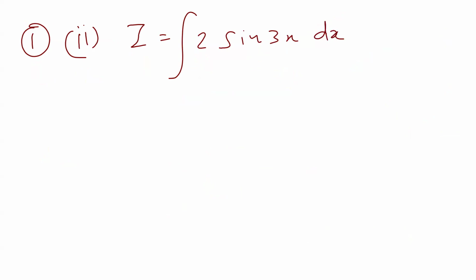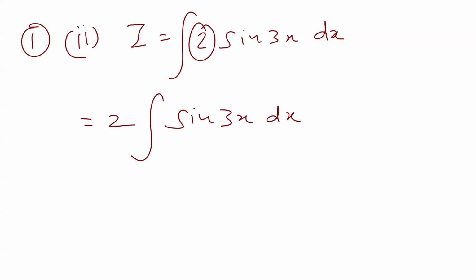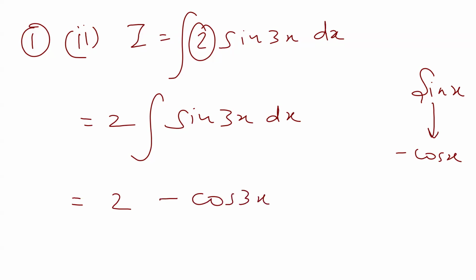Question number 1, sub question 2. Integration of 2 sine 3x dx. 2 is a constant, 2 will go outside, sine 3x dx. Integration of sine x is minus cos x. So this will be minus cos 3x upon chain rule part d y by dx of 3x.